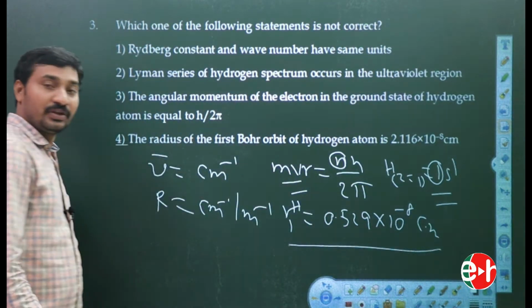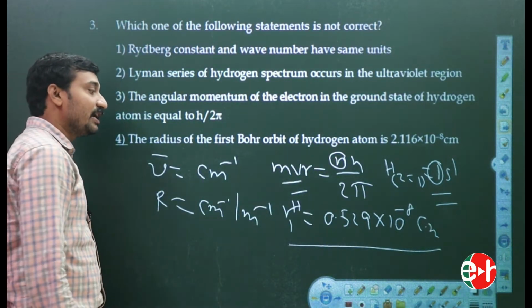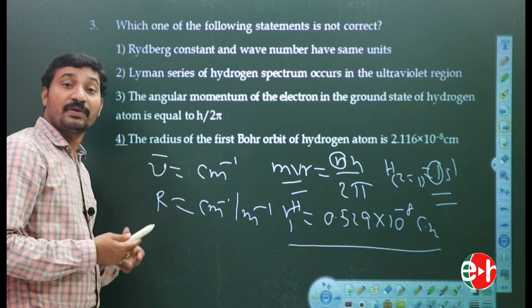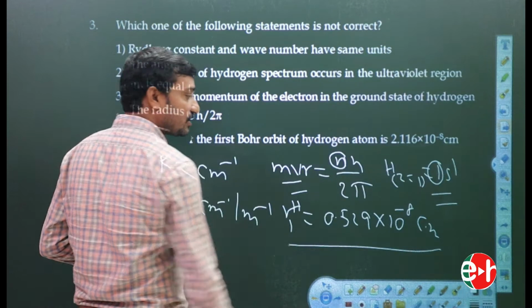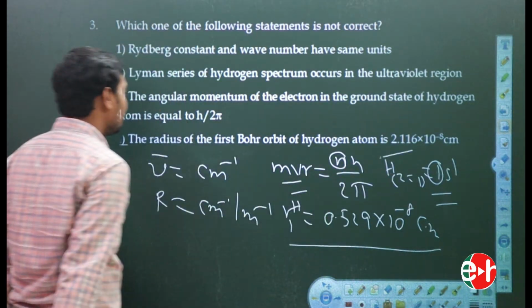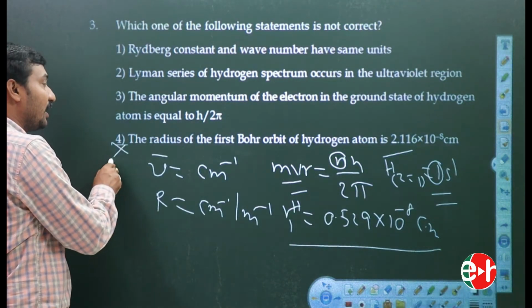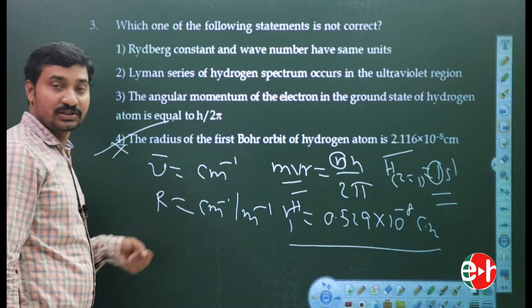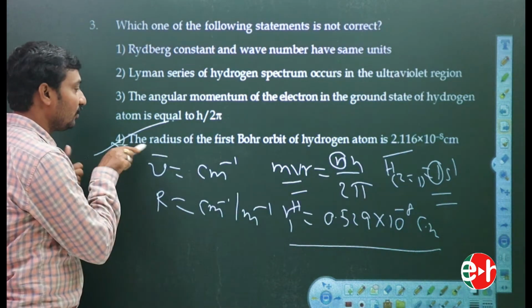So the radius of the first orbit of hydrogen atom is 0.529 into 10 to the power of minus 8 centimeter. Here it is given 2.116, hence this statement is wrong. Since the question asks for the wrong statement, the fourth statement is the right option.